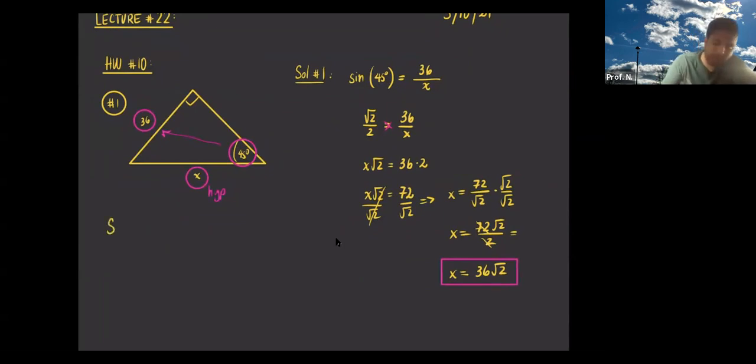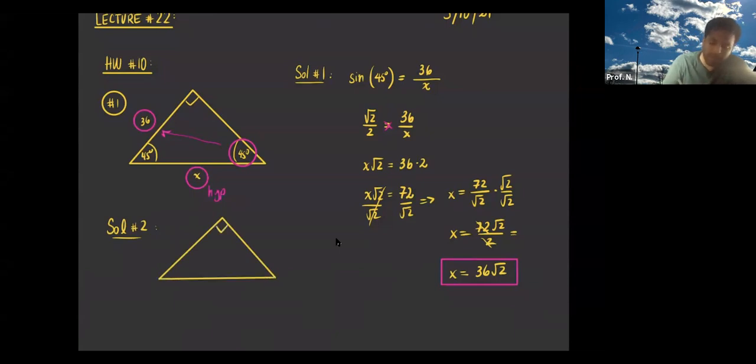Or you can do this in like 10 seconds because this is a 45, 45, 90 triangle. If you guys remember, a 45, 45, 90, let me just invert this here.